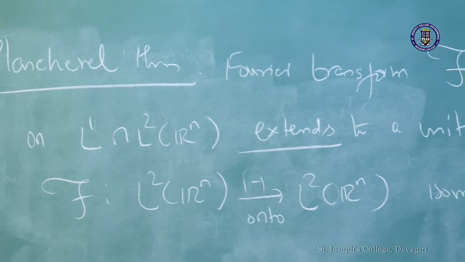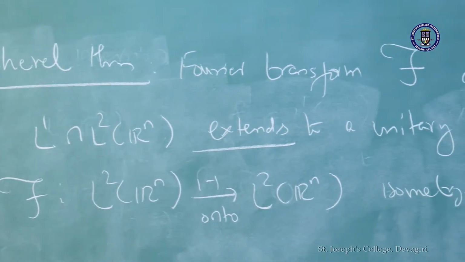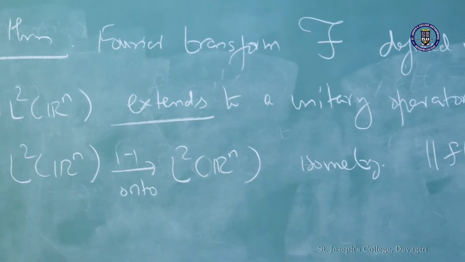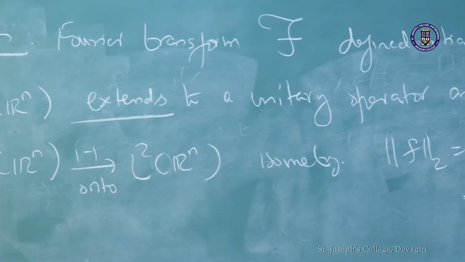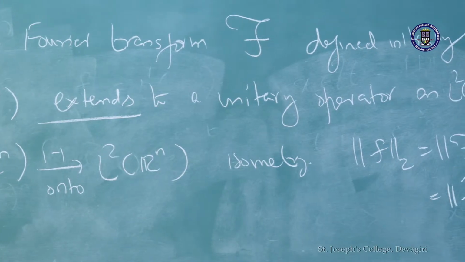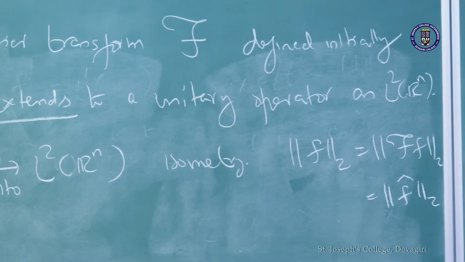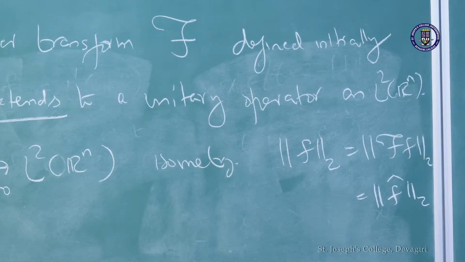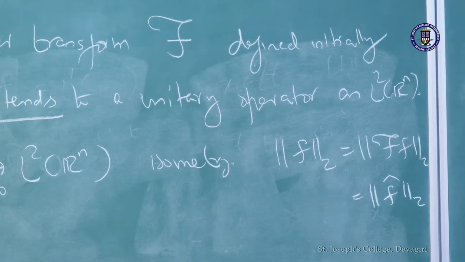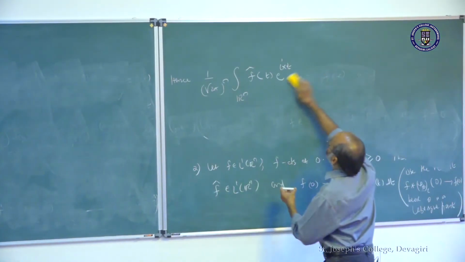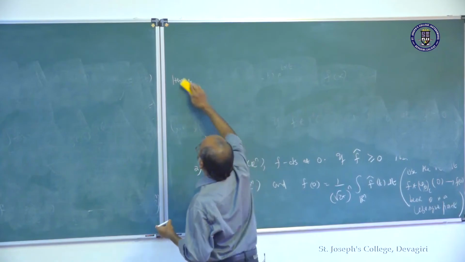So, this is something you have seen in Fourier series, right. The L2 norm of the function is the L2 norm of the Fourier coefficients, right. So, this is the continuous analog of that, but there are certain technicalities here, because if I take an L2 function, I cannot define the Fourier transform by the integral, because the integral need not exist, right. I need it to be in L1. So, that is why one starts with L1 intersection L2 or some other dense class.